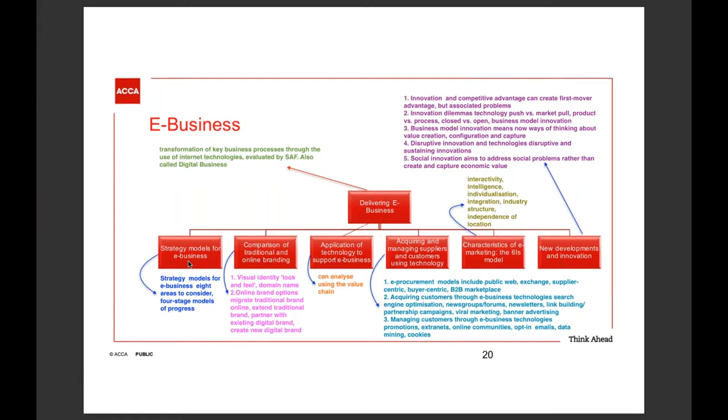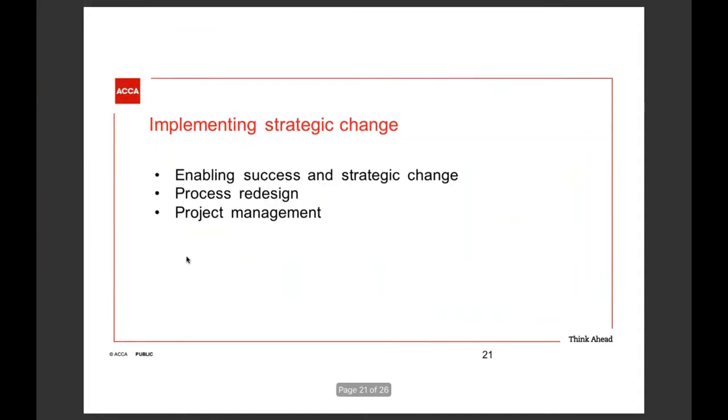These are the 8 areas that you need to consider if you want to go for e-business. You need to consider the supply chain management capabilities, whether they are able to support your strategy of using this particular e-business.